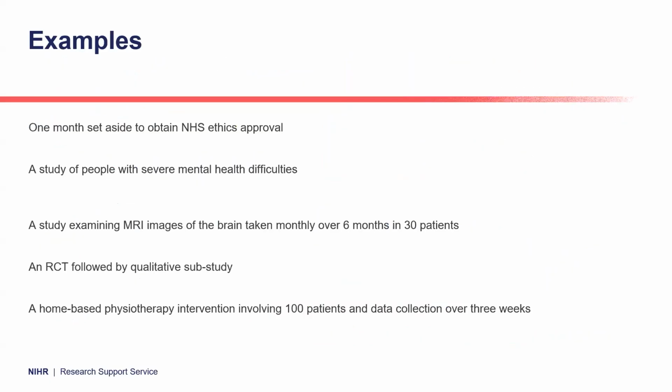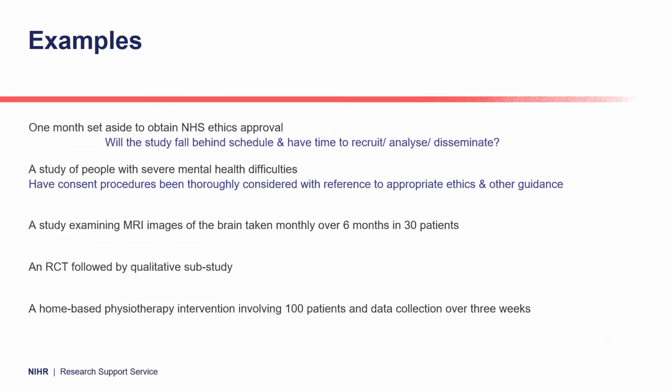Some examples: 1 month set aside to obtain NHS ethics approval. Well, is it going to take longer than that? Will the study fall behind schedule and have time to do all the important things? A study of people with severe mental health difficulties. Have consent procedures been thoroughly considered with reference to appropriate ethics and other guidance? A study examining MRI images of the brain taken monthly over 6 months in 30 patients.